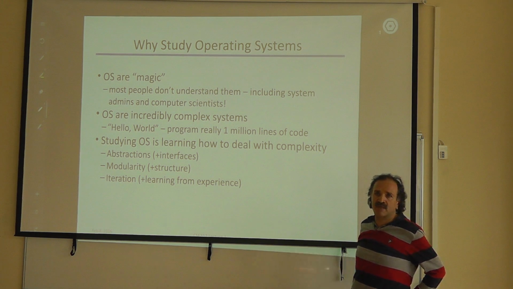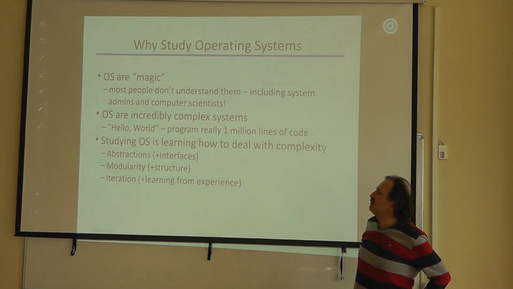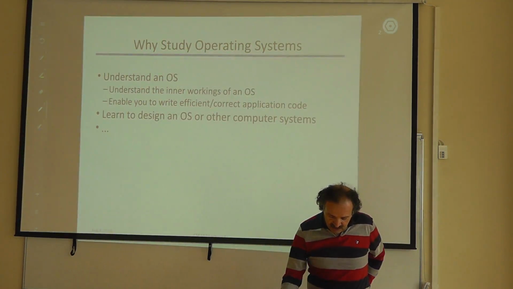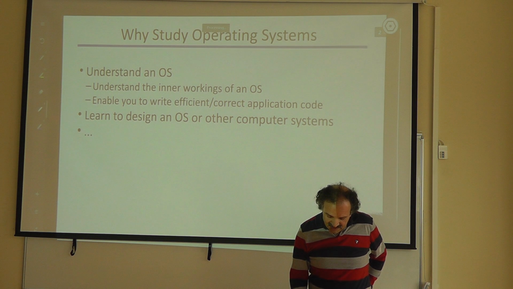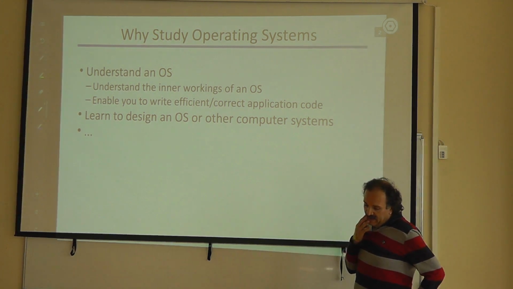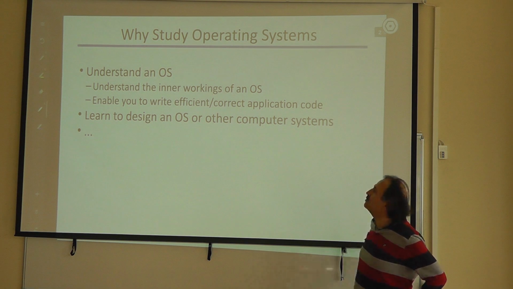Actually, it's a very simple thing. But if you know what kind of environment this Hello World is working in, then you will start writing very efficient code. So that's the second reason why we are trying to understand operating systems. We will try to write efficient and correct application code.